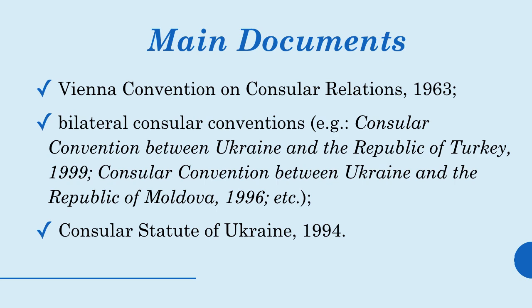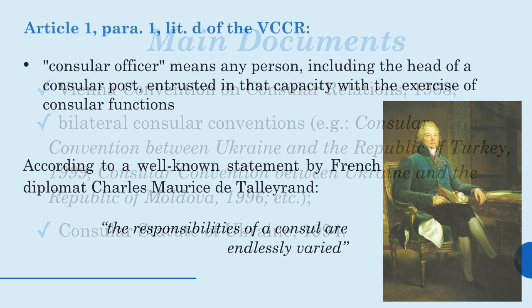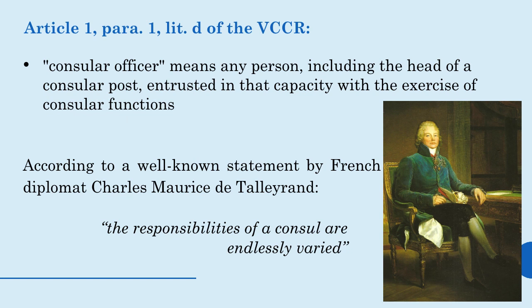The Vienna Convention on Consular Relations defines the consul, whom it calls a consular officer, only indirectly. A consul is a person who exercises consular functions. According to Article 1, paragraph 1, letter D, consular officer means any person, including the head of a consular post, entrusted in that capacity with the exercise of consular functions.